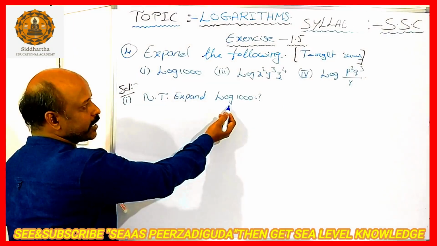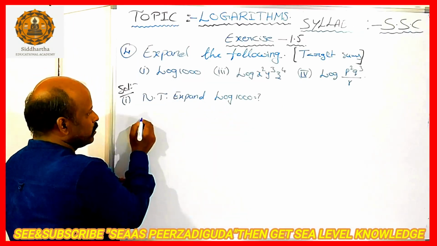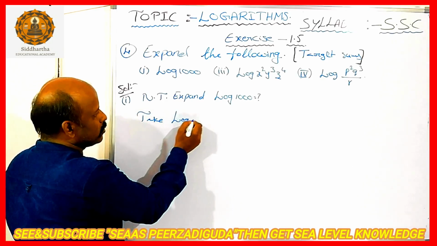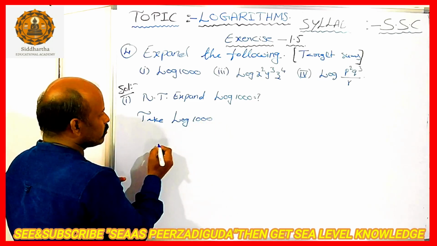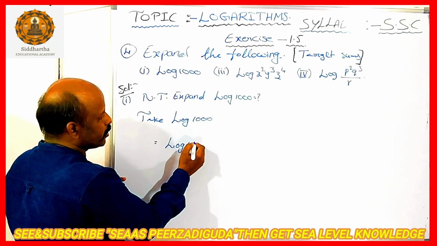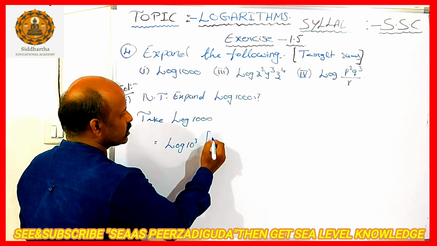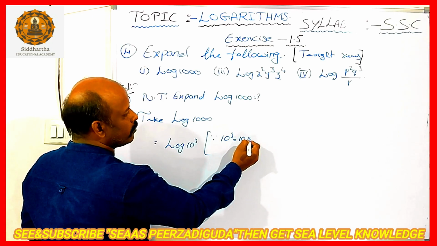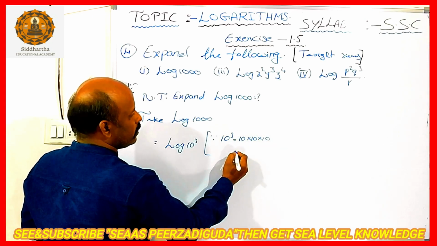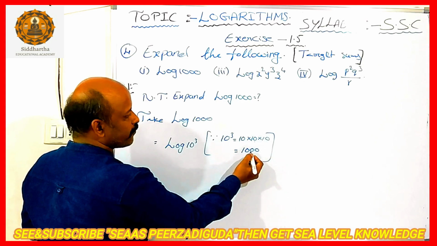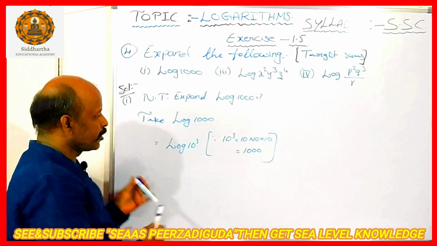So now I am taking log 1000. This 1000 I am going to write in the form of 10 cube. Since 10 cube is nothing but 10 into 10 into 10, 10 tens are 100, 100 tens are 1000. So instead of 1000 I wrote 10 cube.